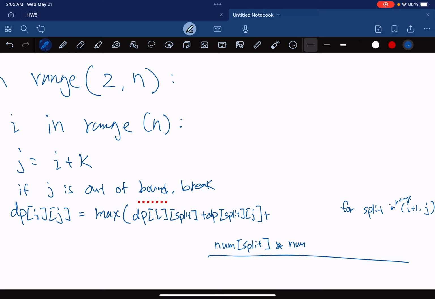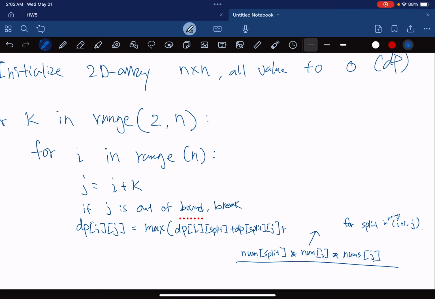If we take out the number last, we would have already taken out the left side and the right side. So nums of i and nums of j would actually be the numbers left on the left side and right side after the other parts are taken out. So we put this right here.